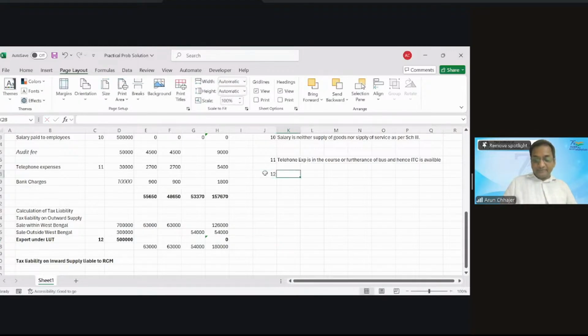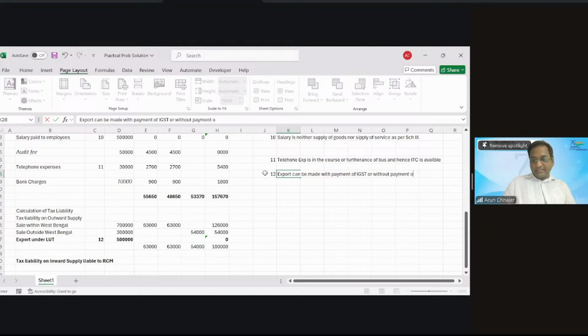So I can say export under LUT will be, export can be made with payment of IGST or without payment of IGST, right? On furnishing of letter of undertaking, the exporter is not required to pay the IGST.